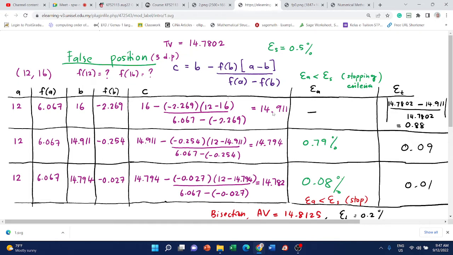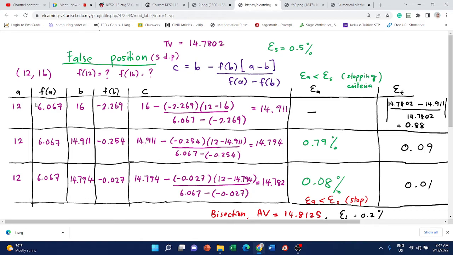Next, we have a different condition compared to the bisection. Whatever you have in this false position, you sort into the interval A, B. A must be the smaller number and B is your larger number. Now let's see. In the first row, you have 12, 16, 14.911. So what is the interval for the next iteration, the second row?